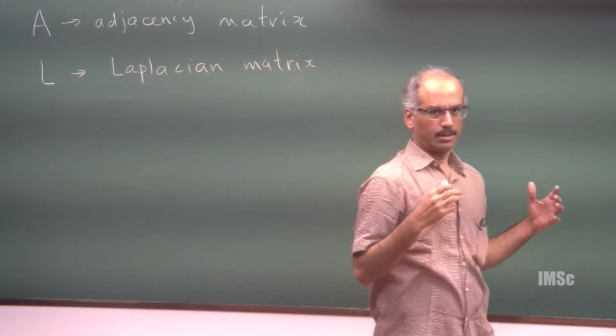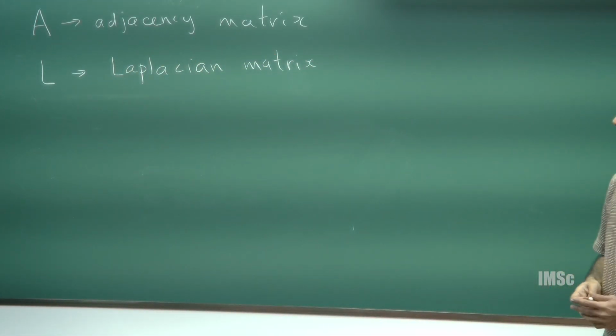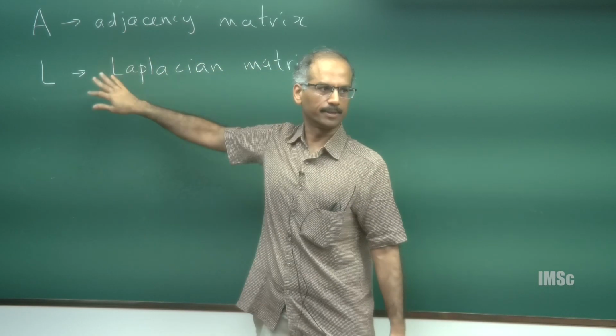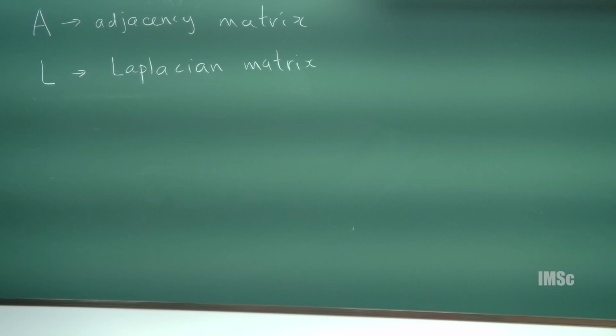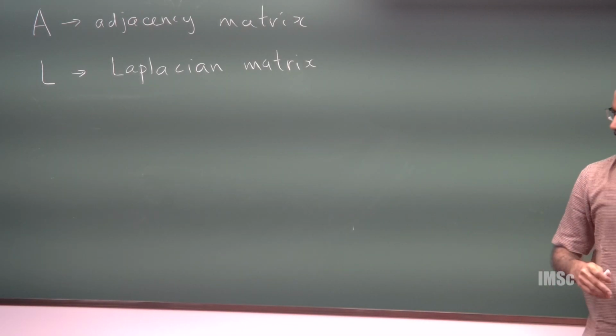And the whole of what we are going to do is all about the spectra of these matrices, meaning that we are going to be working with the eigenvalues and the eigenvectors of these matrices. So that's the plan.